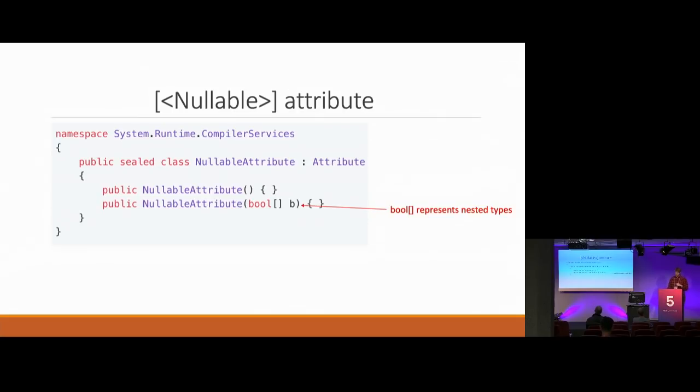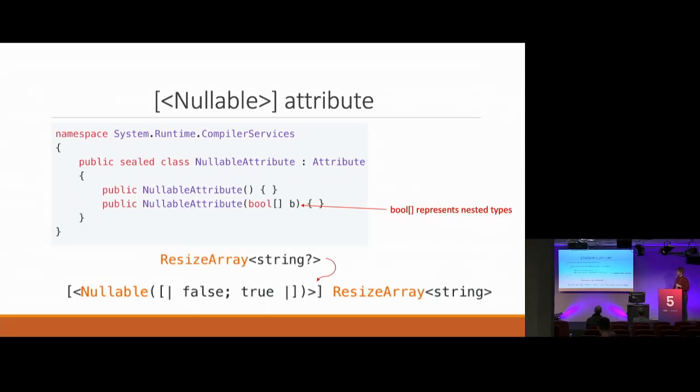What I mean by that is, say you have a resize array of nullable string. The resize array is non-nullable because there's no question mark there, but the string is nullable, so there is a question mark. What that gets translated into is an array where the first element is false, representing the outer type, and the second is true, representing the inner one.